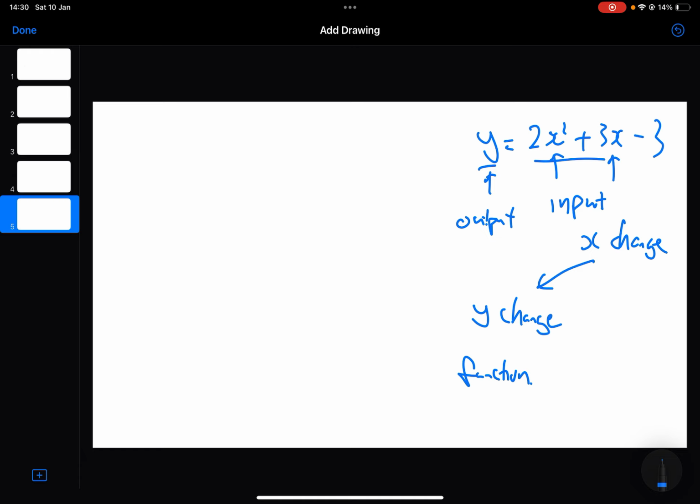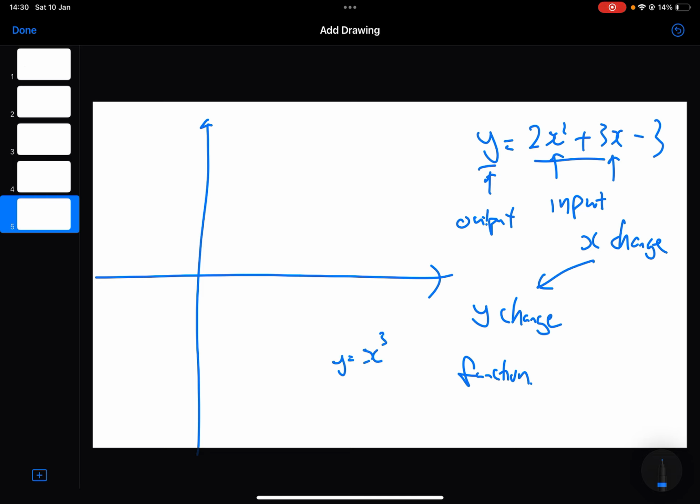So to give an introduction, let's say I have y equals x cubed, which is x times x times x. We don't need to really go and plot out all the numbers, but if you think y equals x cubed, x times x times x, if my x becomes bigger, will my y become bigger? And is it by the same rate?